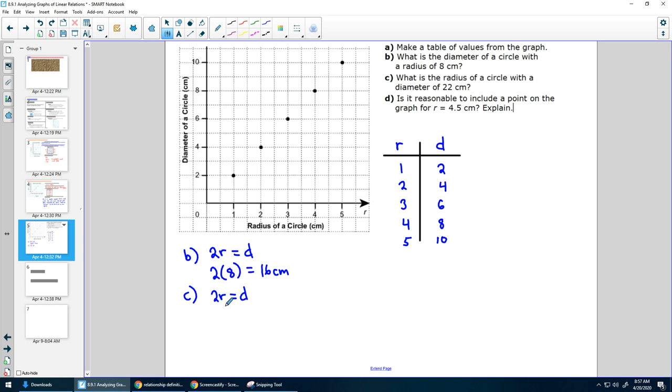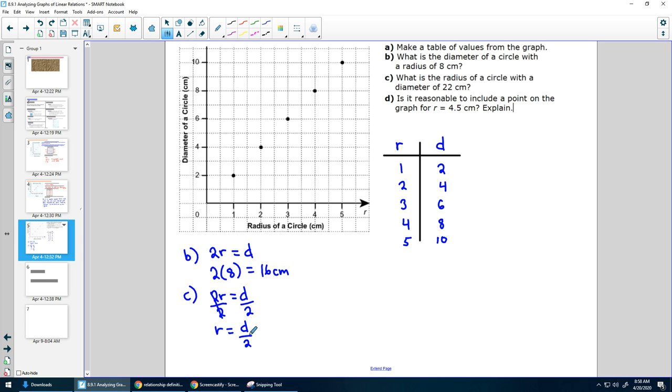So 2 times r. How do we get rid of that? We use opposite operations. So we're going to do the opposite of multiply by 2, which is divide by 2. What we do to one side of the equation, we're going to do to the other. And that leaves us with r is equal to diameter divided by 2.